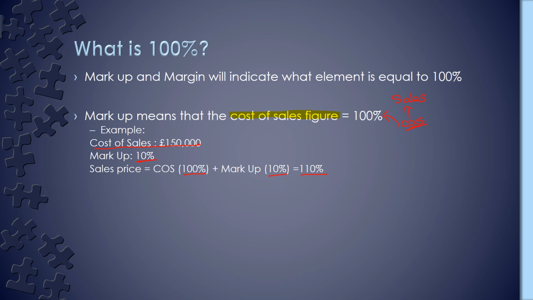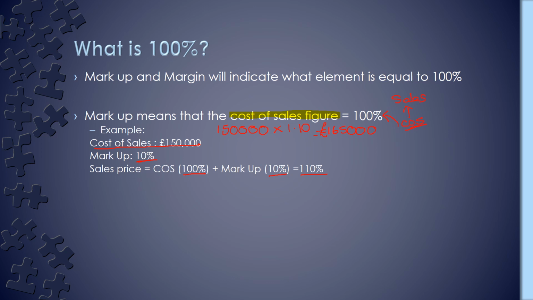The way I prefer to work is I would do 150,000 multiplied by 1.10, and this 1.10 is 110% in decimal form, and that will give you a sales figure of £165,000.